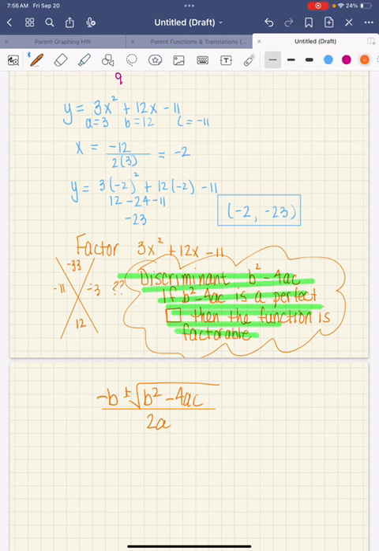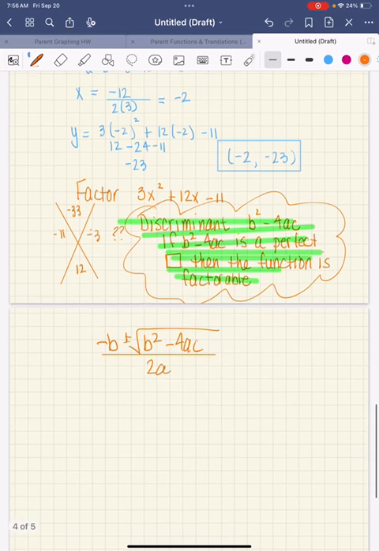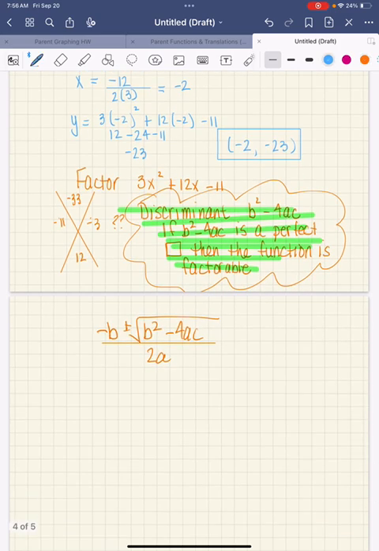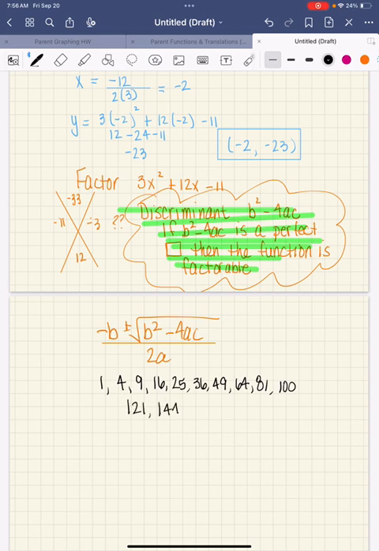Perfect squares, you need to know the perfect squares without a calculator up to 15. So perfect squares would be 1, 2 squared, 4, 3 squared, 9, 4 squared, 16, 25, 36, 49, 64, am I forgetting one? 81, 100, 121, 144, 169, 196, 225.